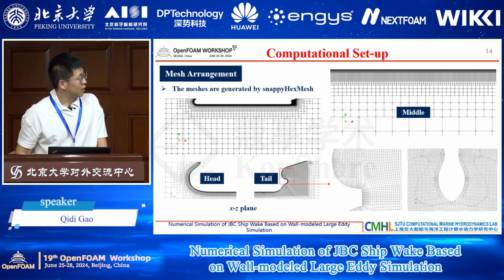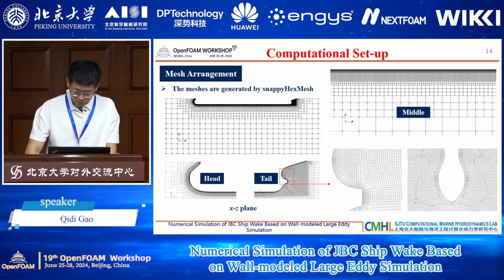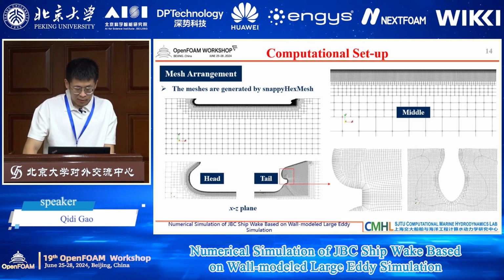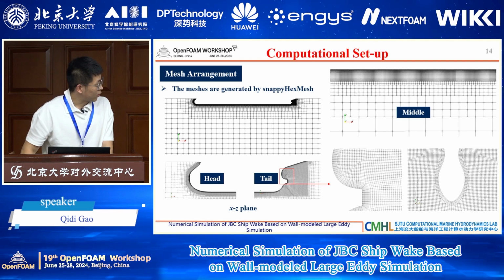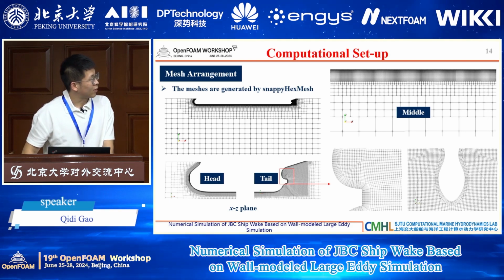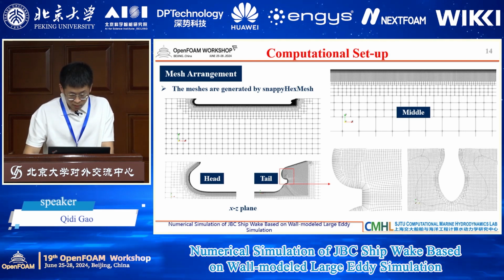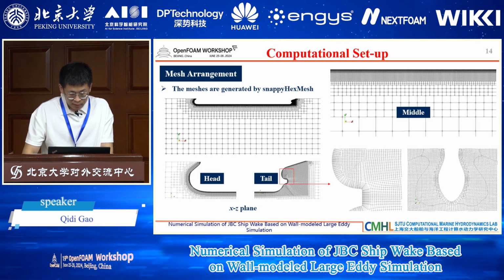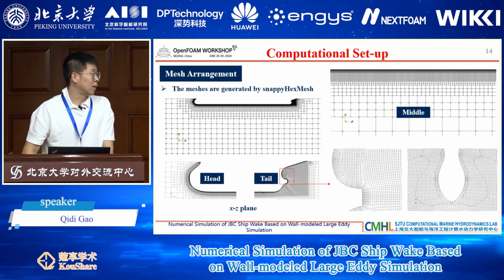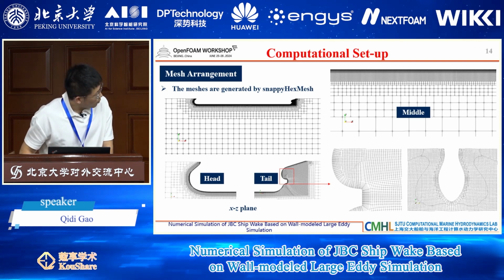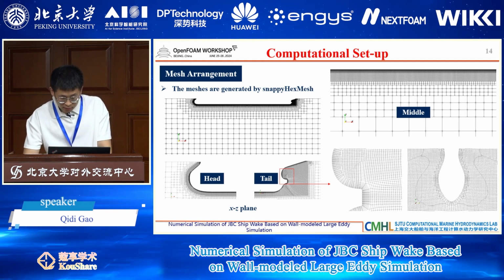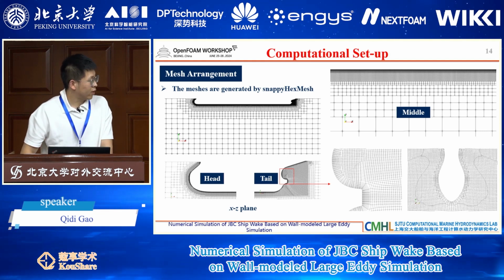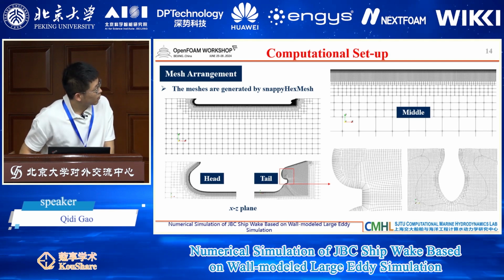We create a refinement grid in the near wall region, and you can see it in high detail in the middle part of the shape. We add 12 layers in the turbulent area, and on the right is the tail of the GBC.